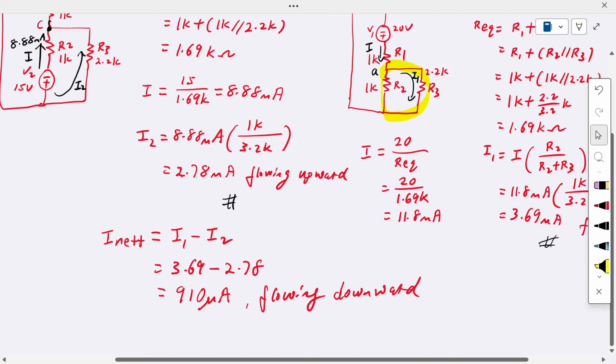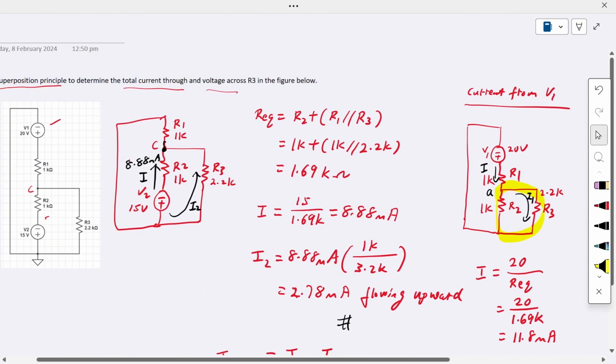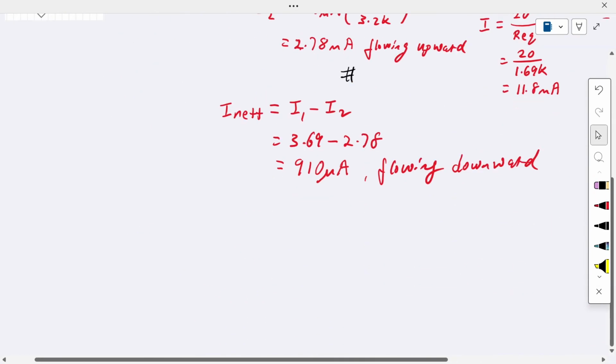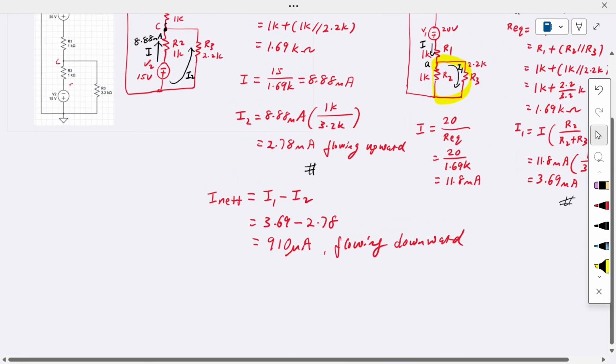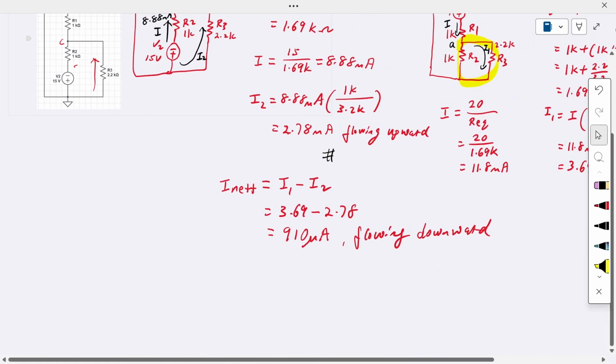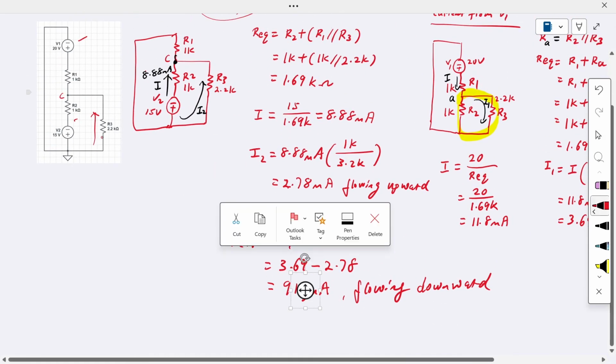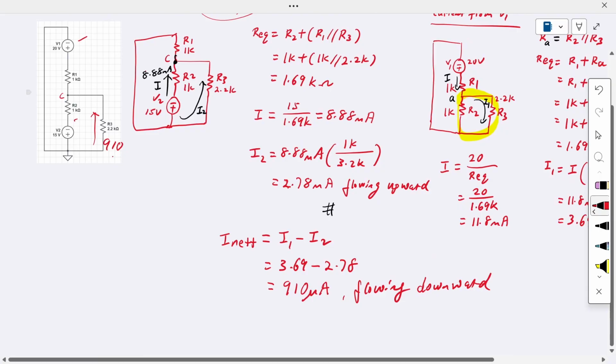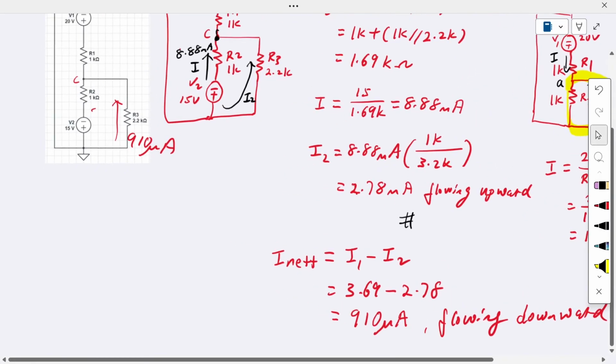After you find the net current, the next question is to find the voltage across R3. You have the net current going through R3, which is 910 microampere.